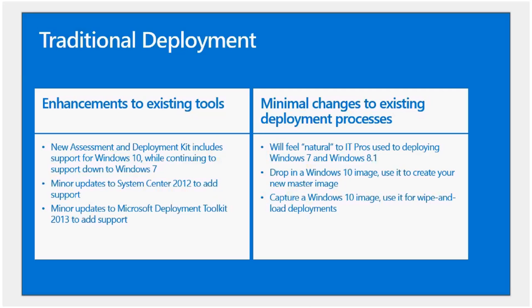So that's not really a change. That's just a continuation of the policies that have been put in place. It can deploy Windows 7, no problem, but if you wanted to deploy Windows 8.1 or Windows 10, you need to upgrade to ideally Config Manager 2012 R2 or vNext in order to get that support.